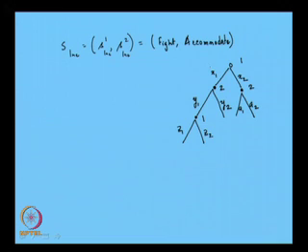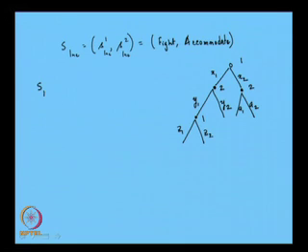From the right hand side, if player 1 takes the action x2, player 2 has to move now, and player 2 has two actions to choose from, A1 and A2. Now, in this case, suppose I want to write the strategy set of player 1, then how will it look like?